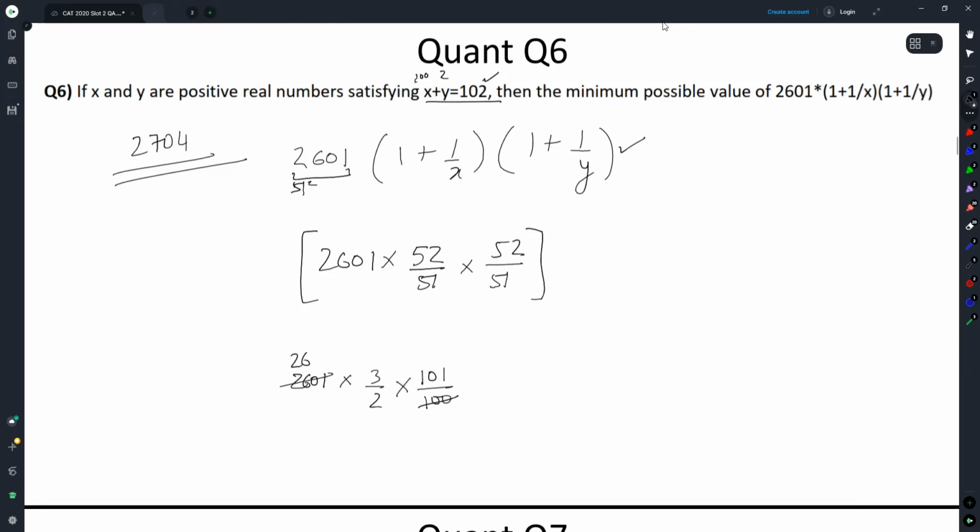If I get this here, 26.01 into 101 into 1.5. This is much larger. This is extremely large. This is definitely greater than 2601 plus. So this is 3900-ish in value. So of course this is larger, because we needed the minimum possible value. This has to be the case. Answer will be 2704.